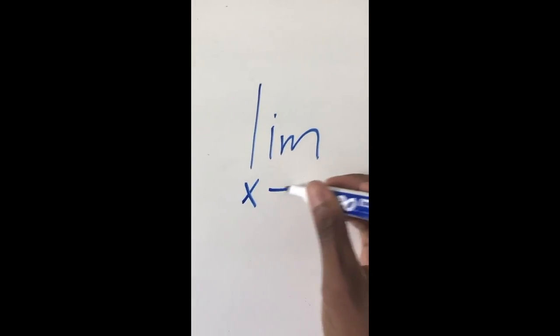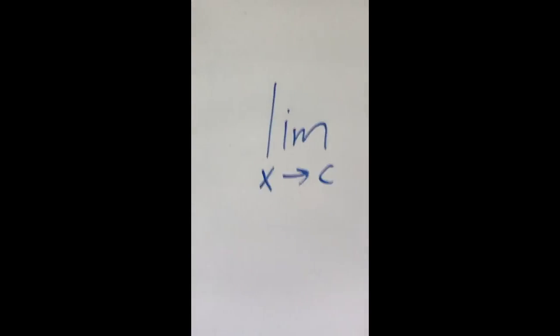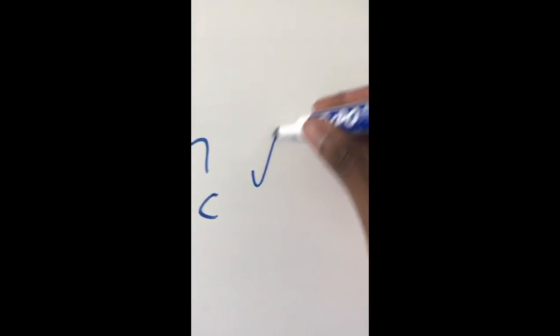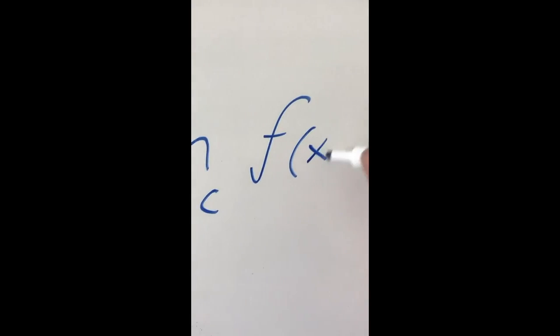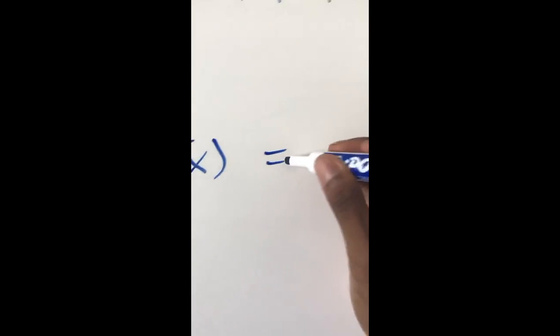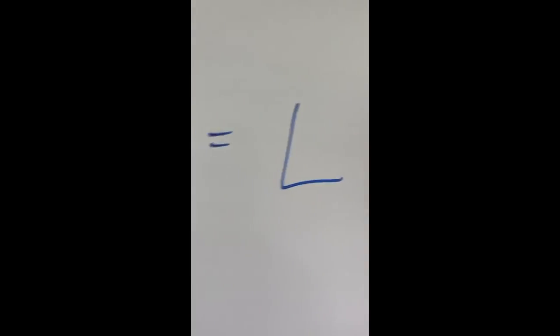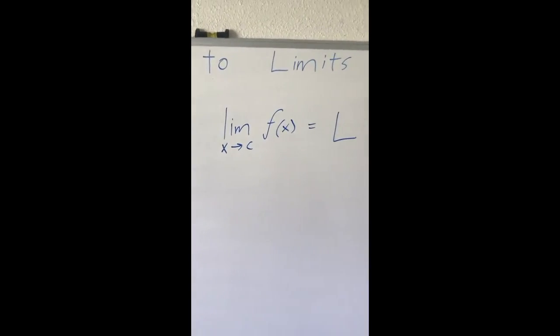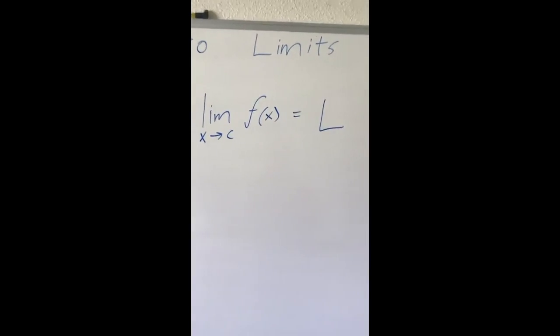The limit as x approaches c, where c is a constant, of f of x, so whatever your function is, equals L, which is the answer for your limit. So this is just kind of like the general form of limit notation.